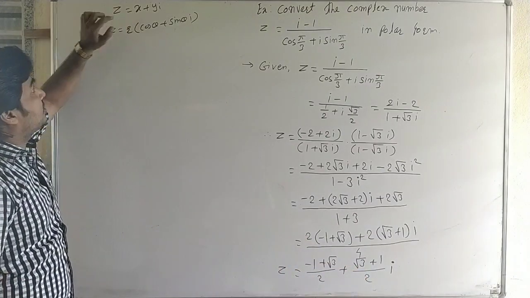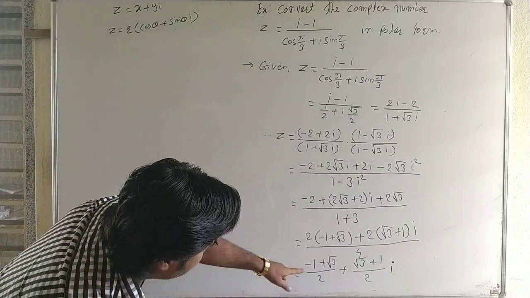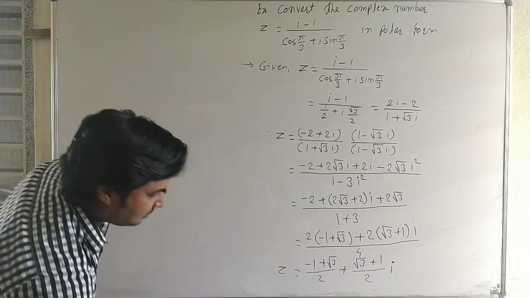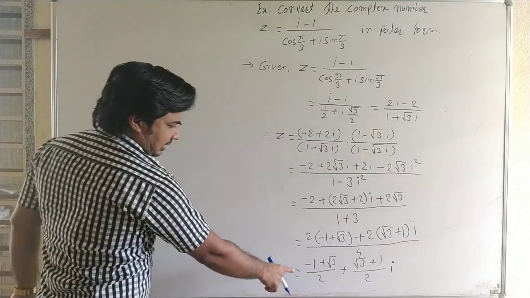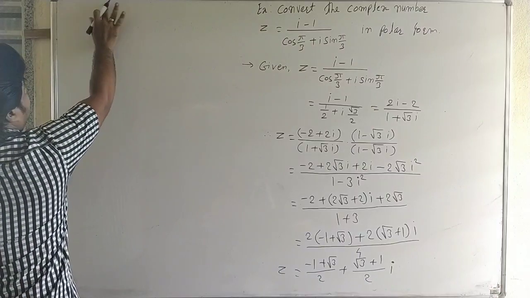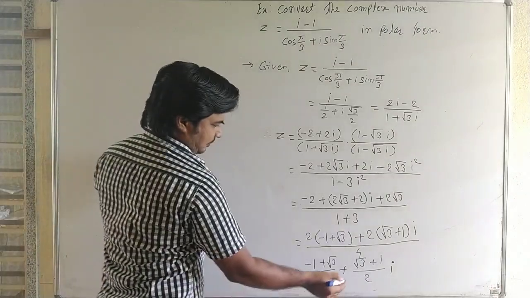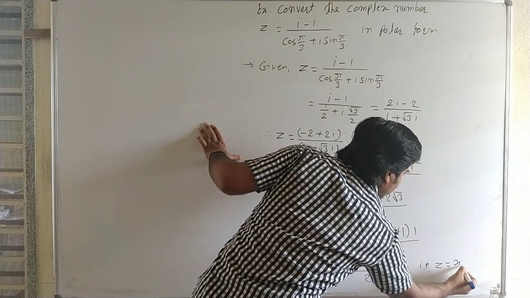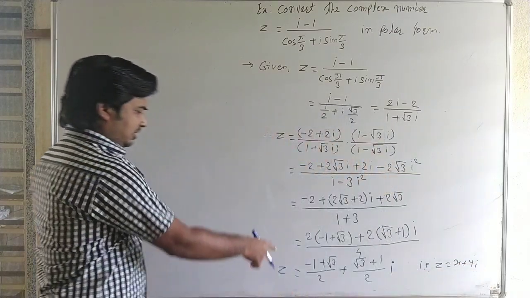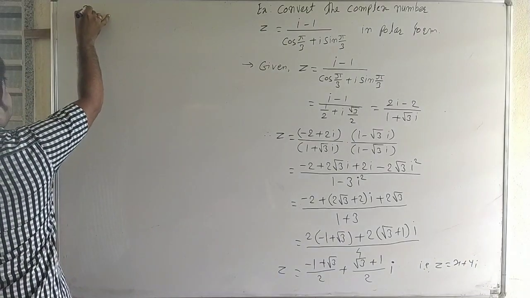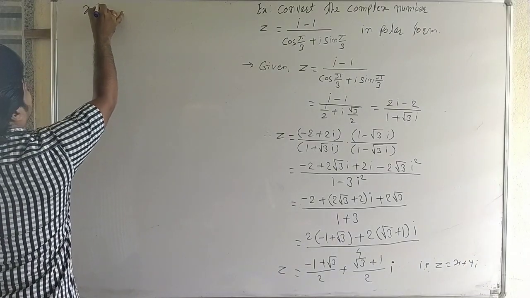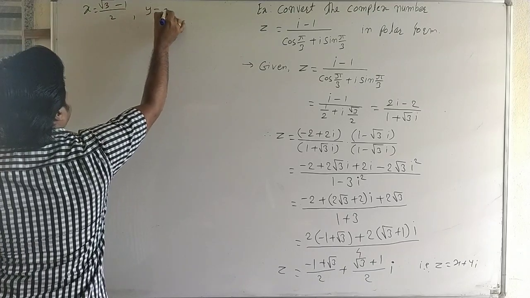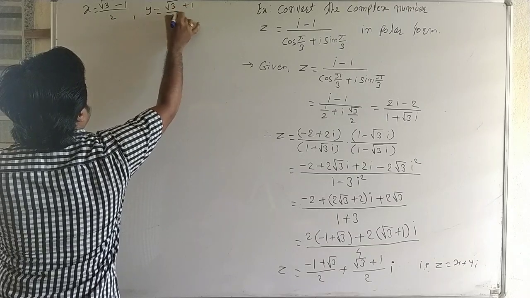So we first find the modulus of this complex number. This complex number is in the form z = x + yi, therefore x, that is the real part, is (√3 − 1)/2, and y is (√3 + 1)/2.